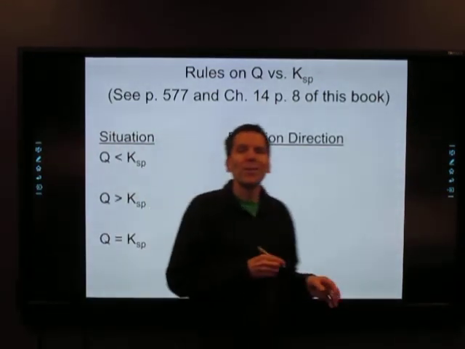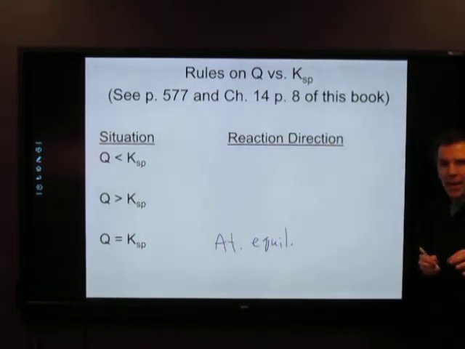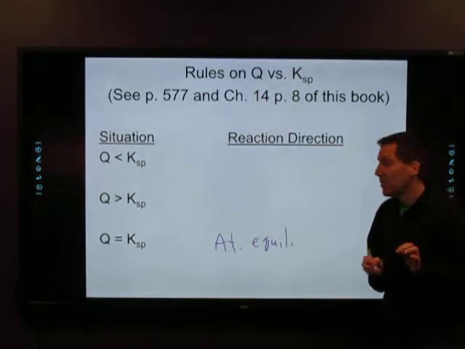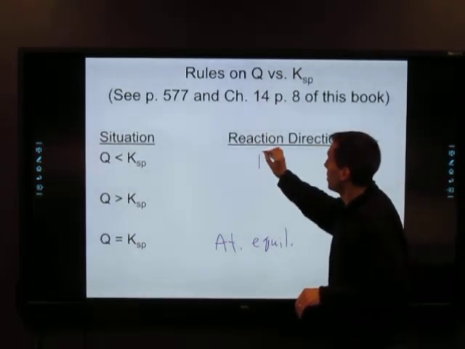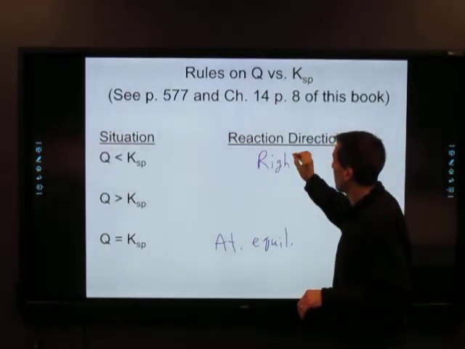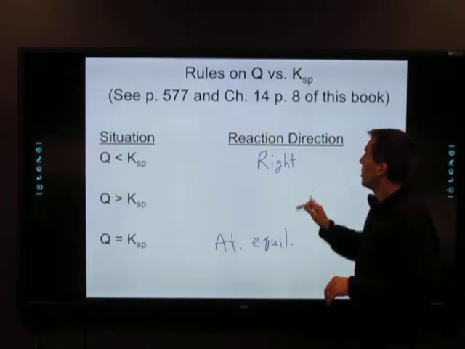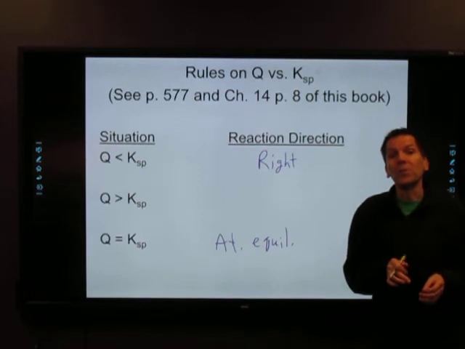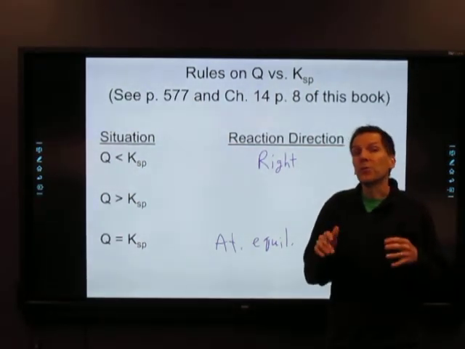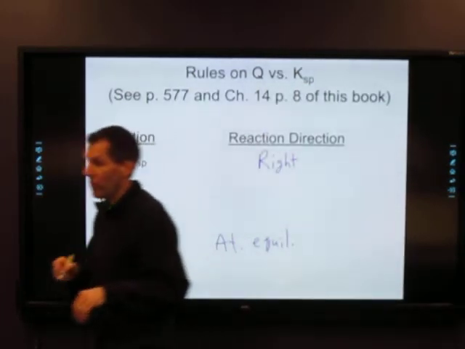So when the Q is less than the K, that means there are not enough products. And so the reaction will go to the right. When you're dealing with solids, you would say that that solution is unsaturated because more could dissolve.